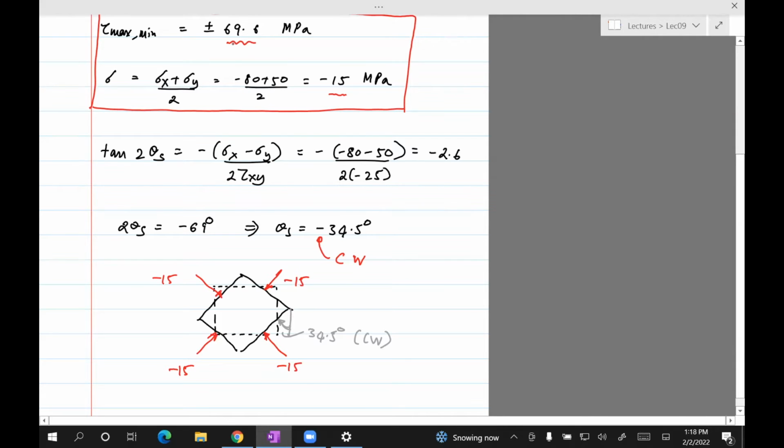And then it says 69.6 for the shear stress. That would be like so, 69.6.